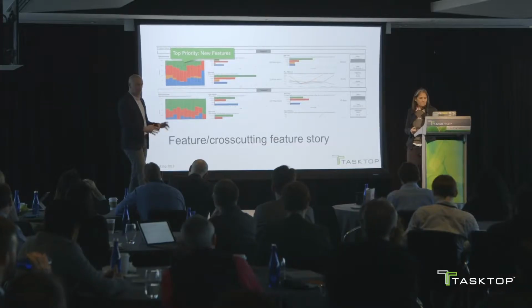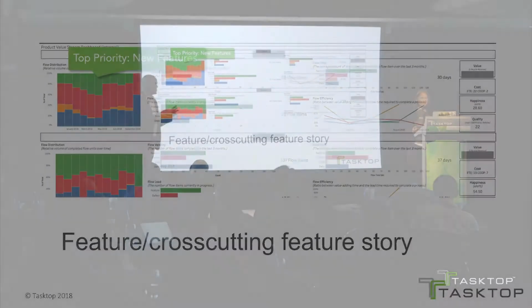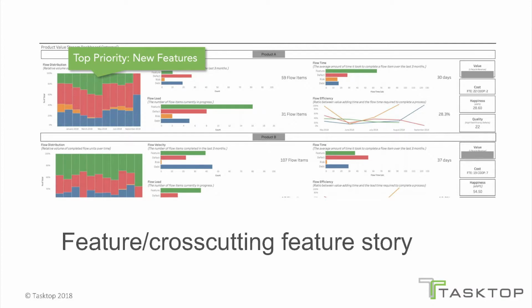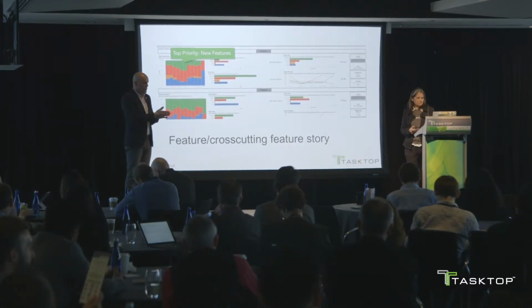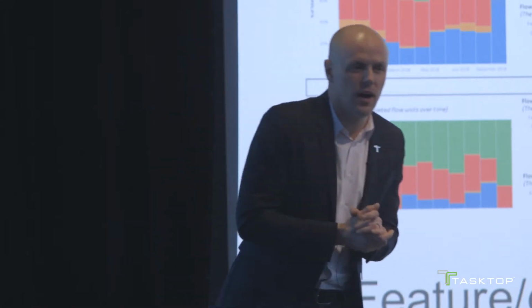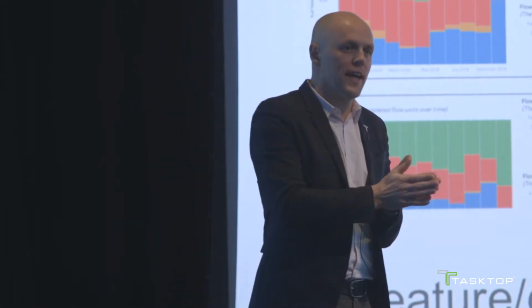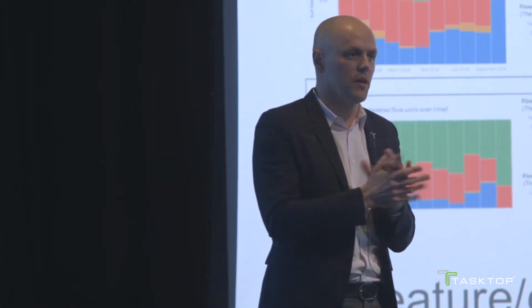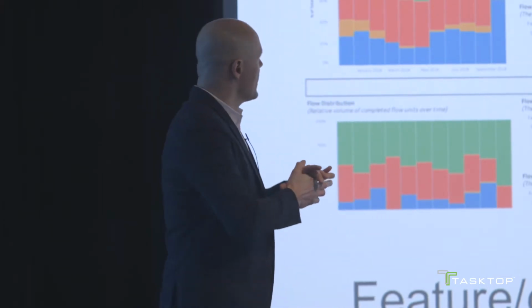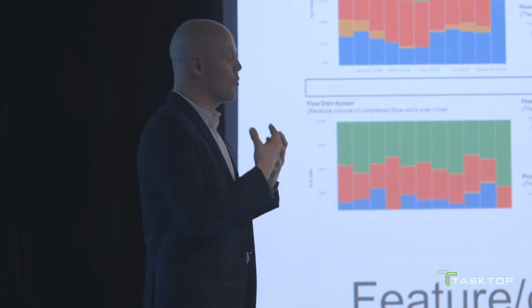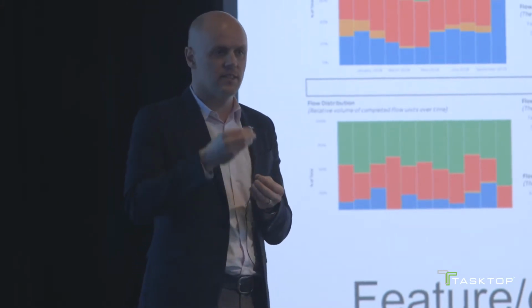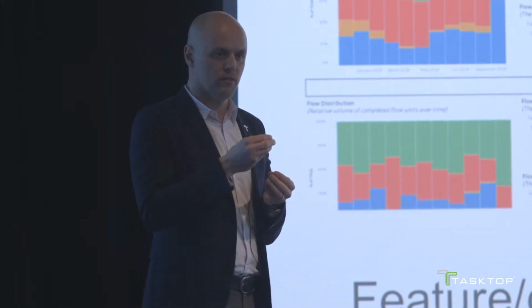And so this is, again, I already touched on this a little bit, but it's one thing to read about it, kind of believe that story, believe that in the last age, the age of mass production, it was realized that if you utilize the robots over 80%, you're actually going to slow down how many machines you deliver, how many cars you may deliver. For me, it was a very different experience to actually see this in action, that the more we loaded up the value streams in this case, the longer we were waiting for features.